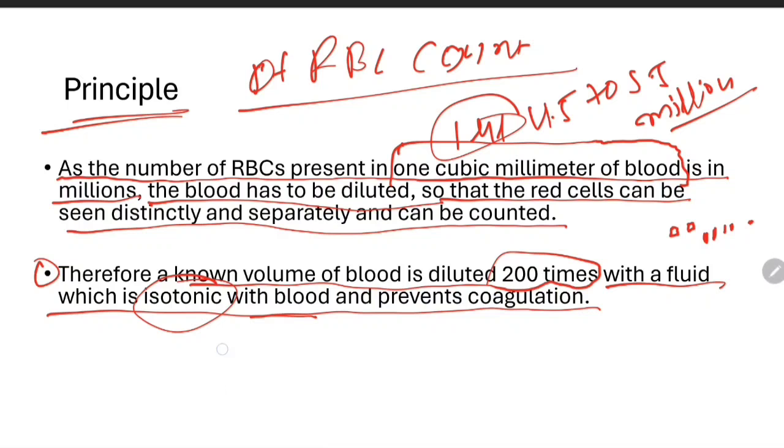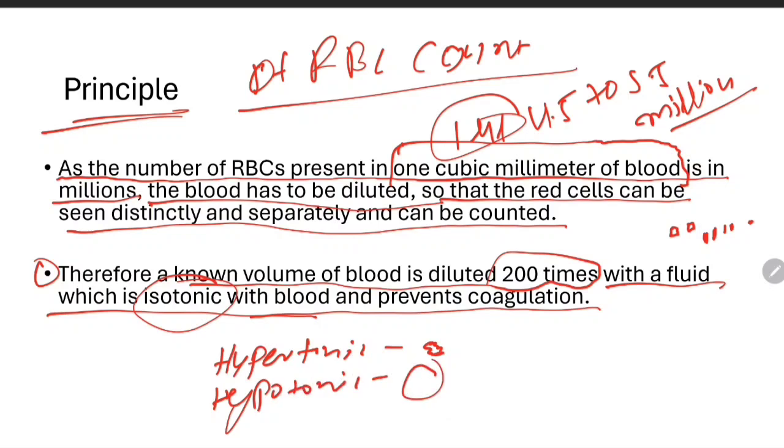If we use a hypertonic solution, cells will shrink and the cell size will be smaller, and with a hypotonic solution, cells will swell. That's why we should use isotonic fluid, so cells can maintain their original, normal size.